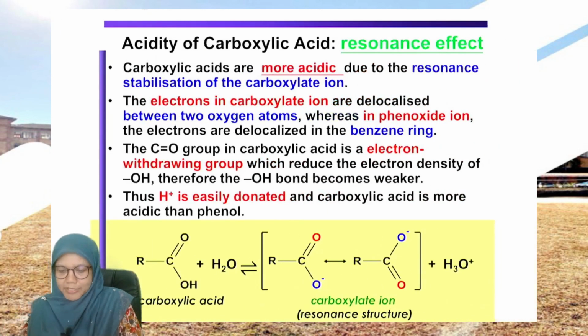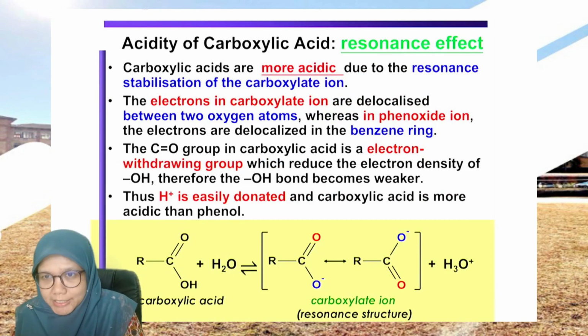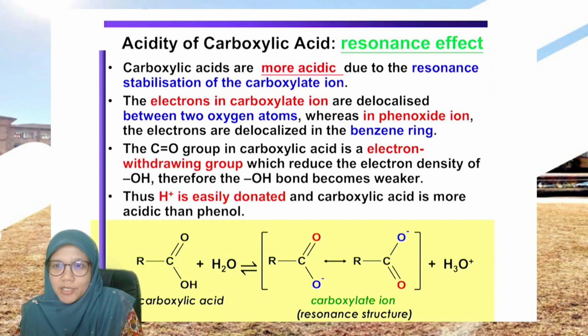Alright. So, kita lihat acidity of carboxylic acid. Carboxylic acid is more acidic due to the resonance stabilization of carboxylate ion. So, kita lihat macam mana tu carboxylate ion. Carboxylate ion ini ikut diagram ini.